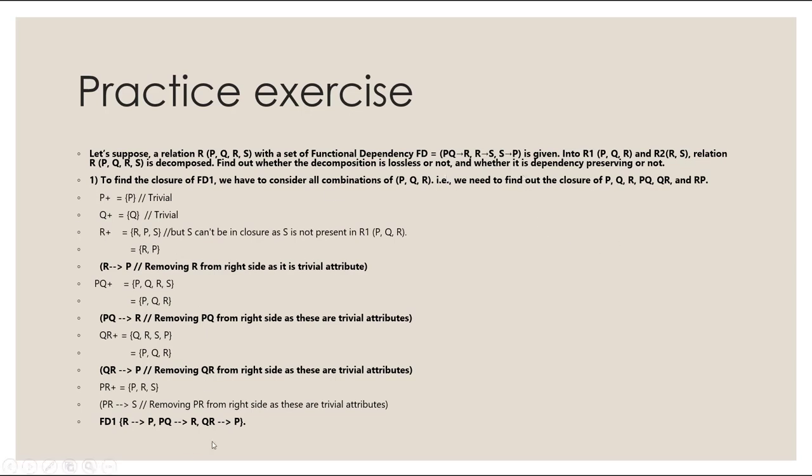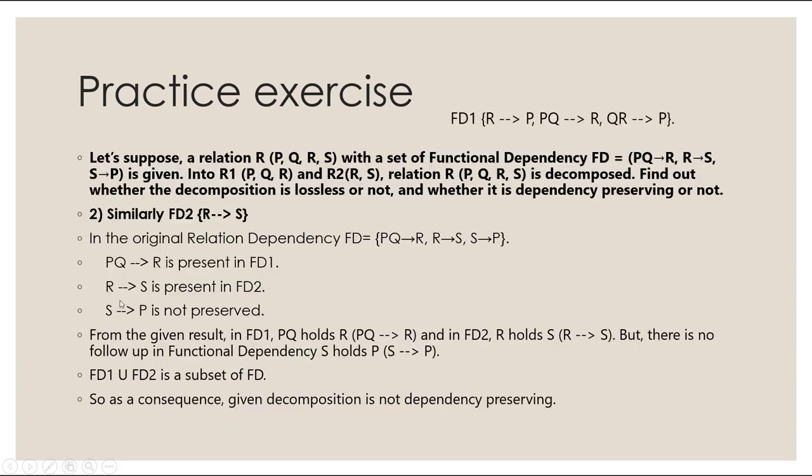This is the long way to do it, where you have to go through each possible closure of each possible set of attributes. But I will just do it the way I did it. The first one was preserved in R1, R determines S was preserved in R2, and S determines P was preserved because we have R determines P.